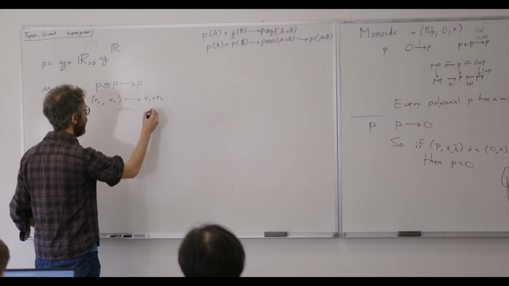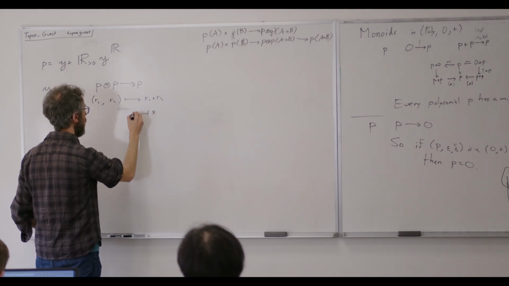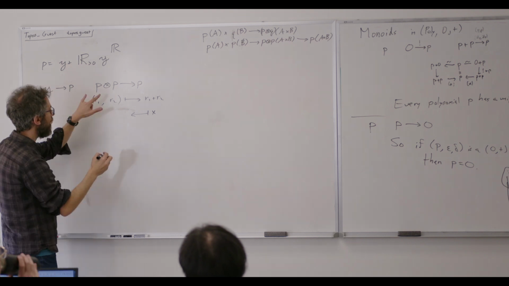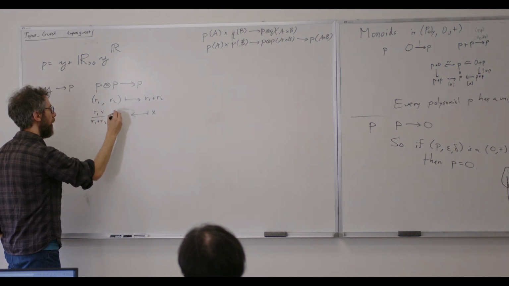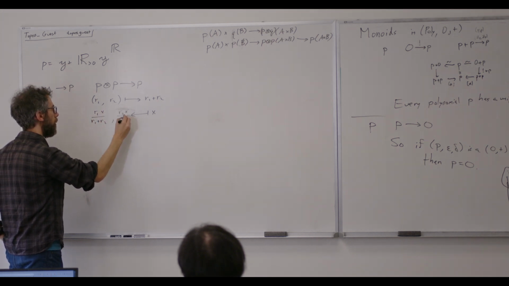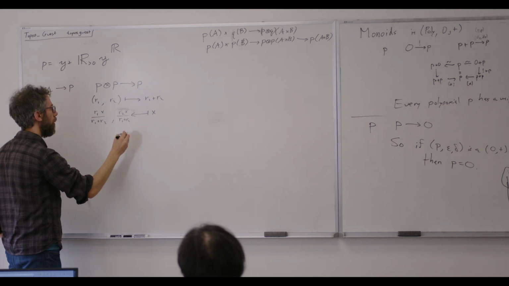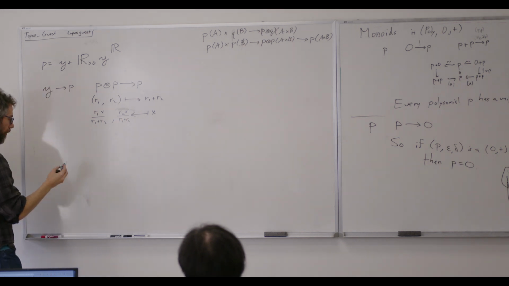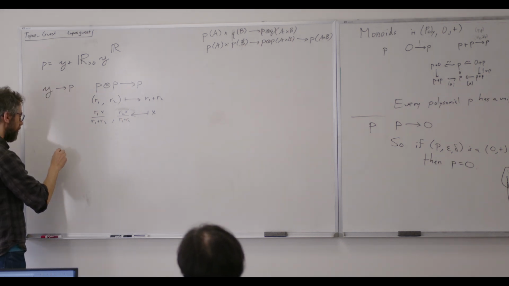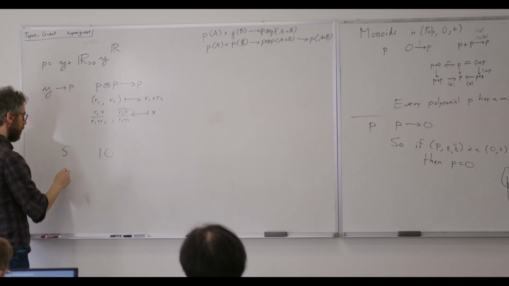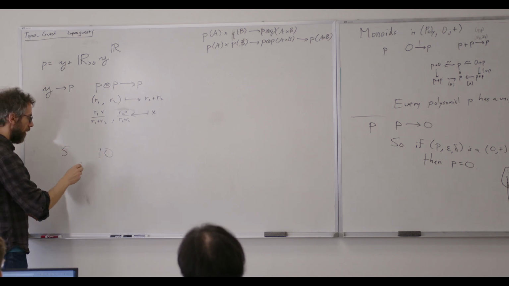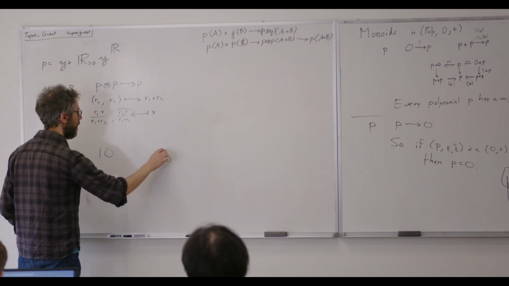And then someone gives us a direction, x, and I need to send it to two directions. So I'll send it to r1x over r1 plus r2 and r2x over r1 plus r2. So this first guy gives $5, the second guy gives $10, and the output is we get $15.